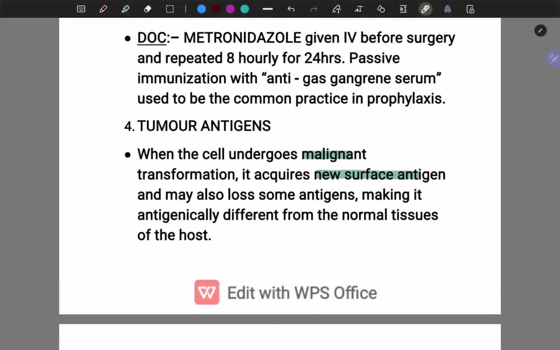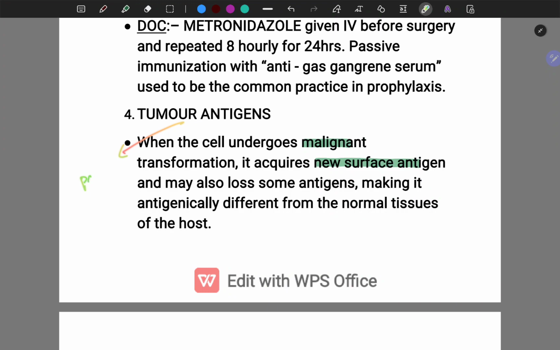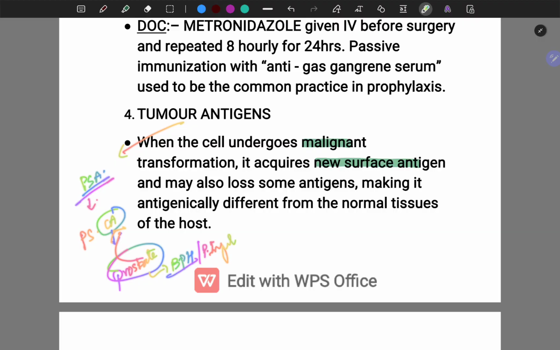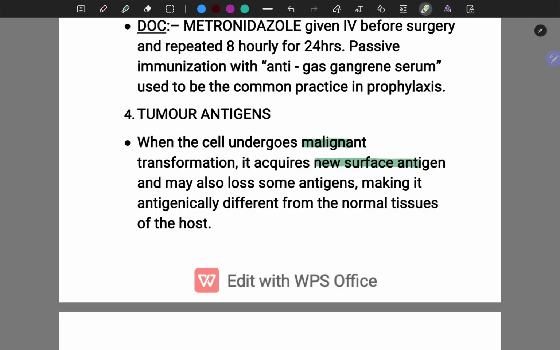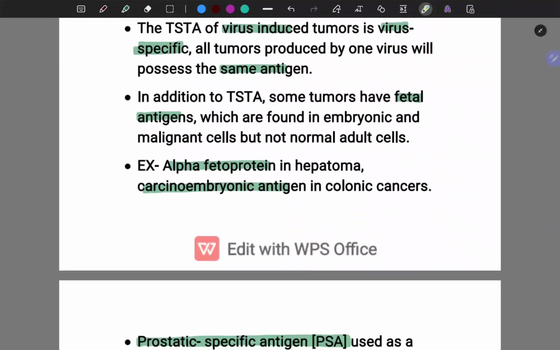See, the point I wanted you to remember is prostate-specific antigen is not specific to prostate cancer alone. It is specific to prostate, but it is not specific alone to cancer. It may be elevated even in BPH, prostatic infections also. So this is very important with respect to tumor antigens.